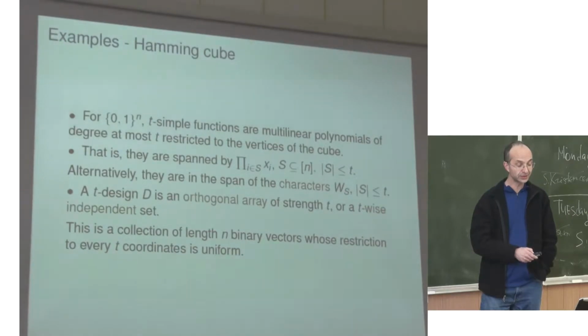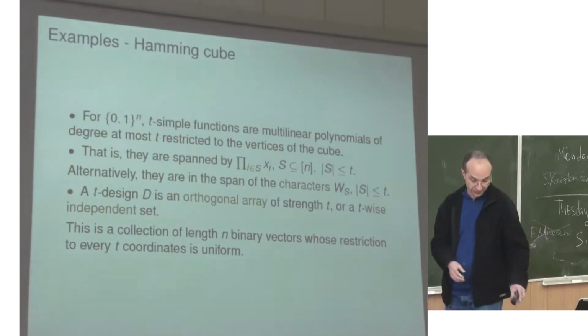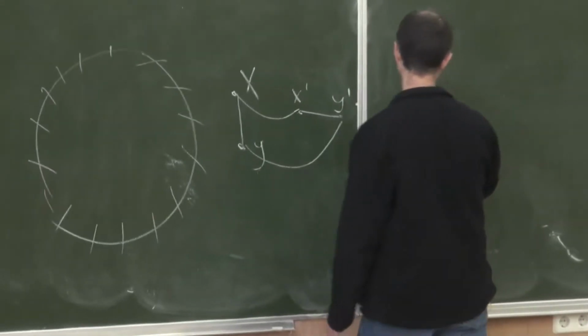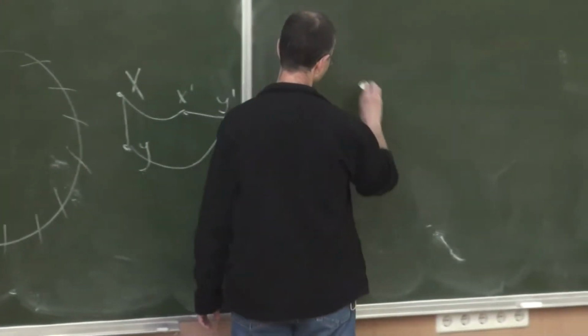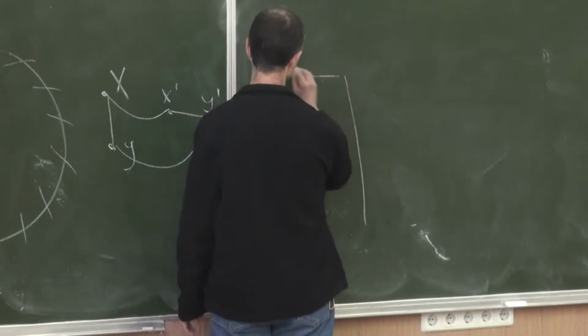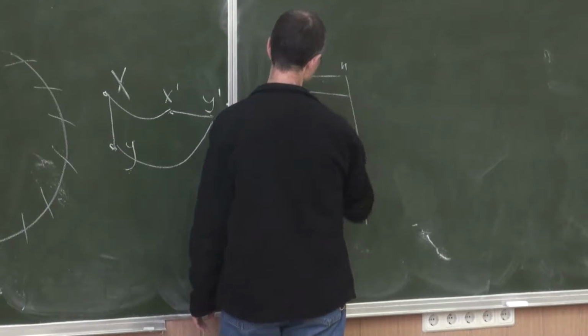So this is a collection of binary vectors whose restriction to any T coordinates is uniform, which means the following. If I am writing all the vectors in my set, this is D, the T-design. This is the first vector, this is the second vector, and so on.